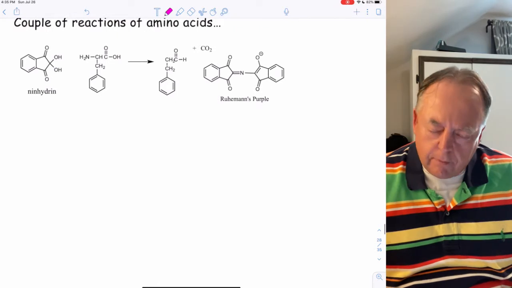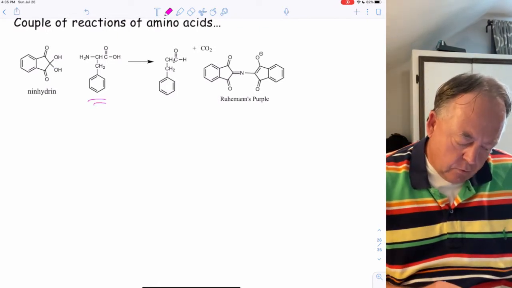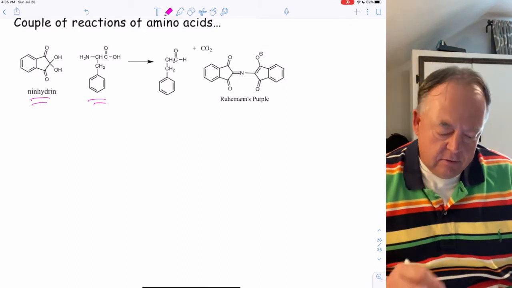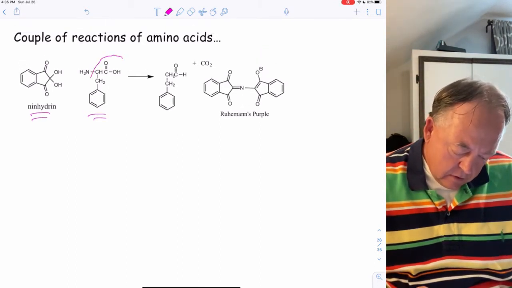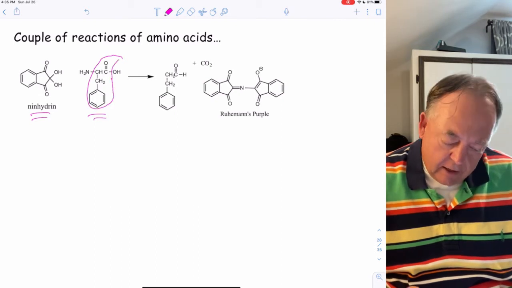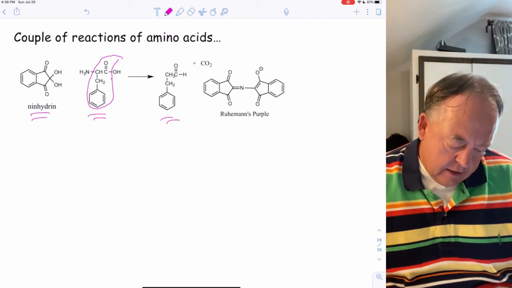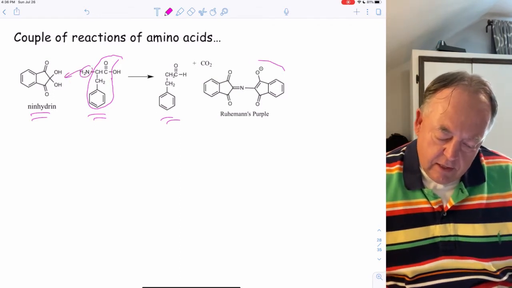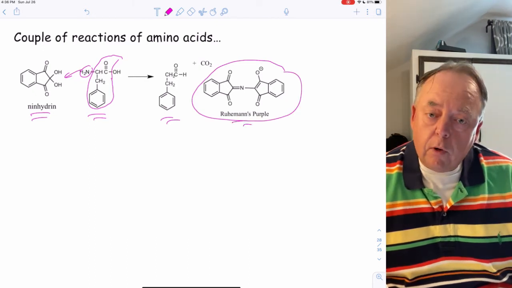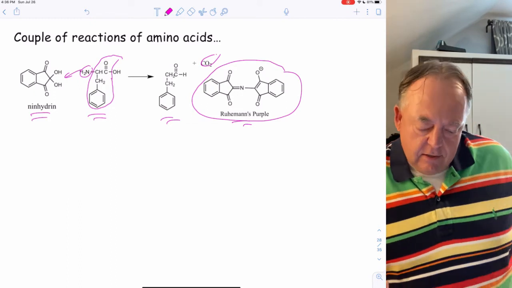Now let's look at a couple of reactions amino acids undergo. If you take an amino acid and react it with this molecule called ninhydrin, basically this gets converted to an aldehyde. Whatever the amino acid is, this nitrogen ends up between two of these molecules, and you make that, which is called Ruhemann's purple, and you lose a CO2 molecule in the process.